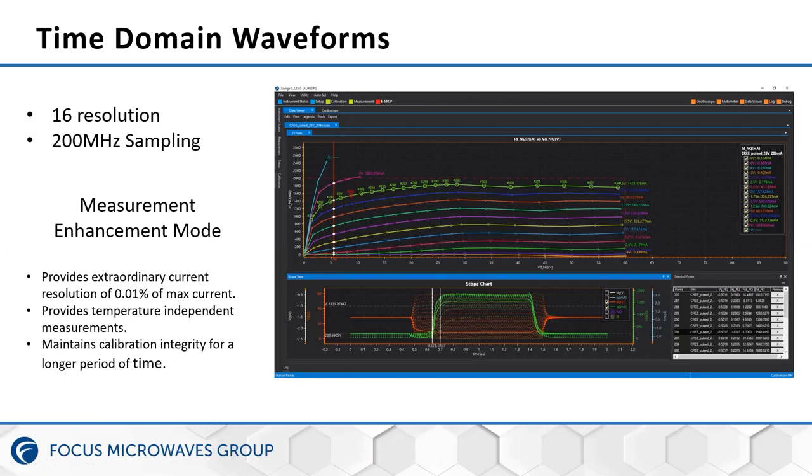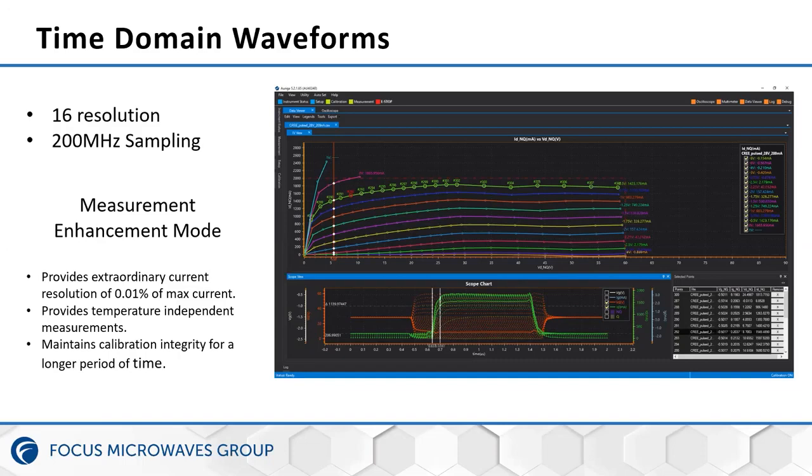Another enhanced measurement mode that Auriga offers is called measurement enhancement mode, or MEM. This feature is implemented because the fast scope that is part of the digitizer might undergo significant drift and jitter. MEM uses a digital multimeter to correlate the jittery oscilloscope measurements with very stable DMM measurements through advanced calibration algorithms.